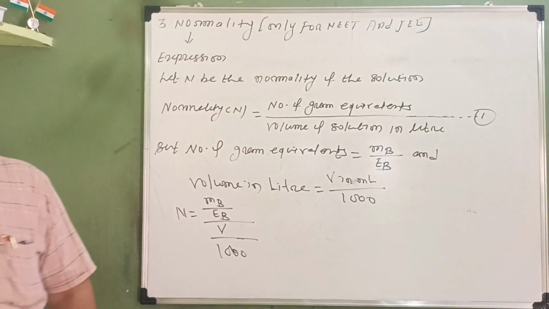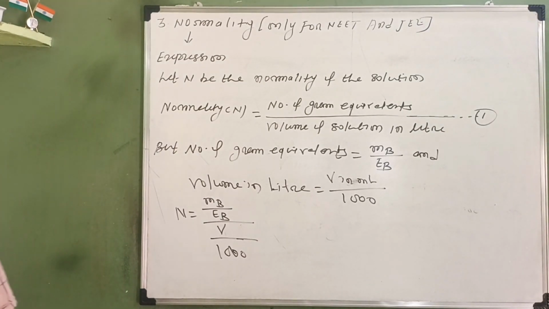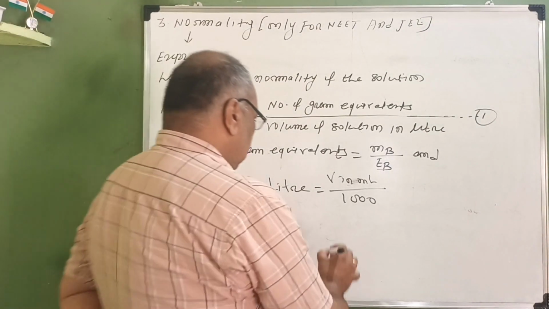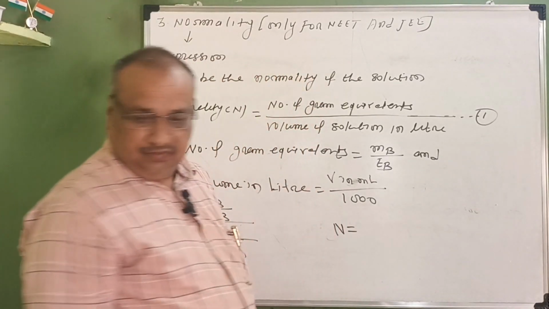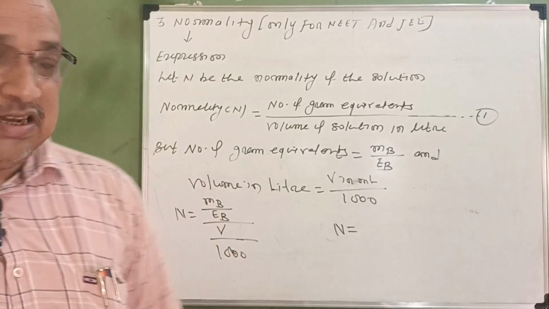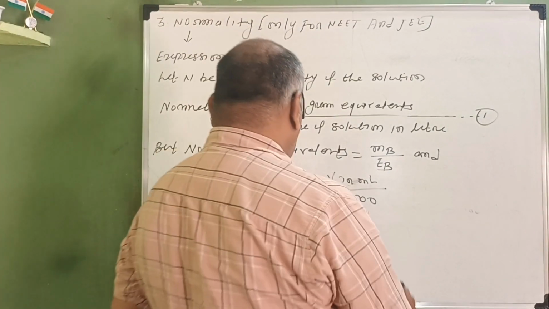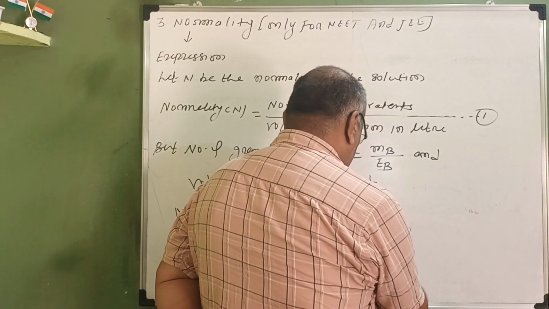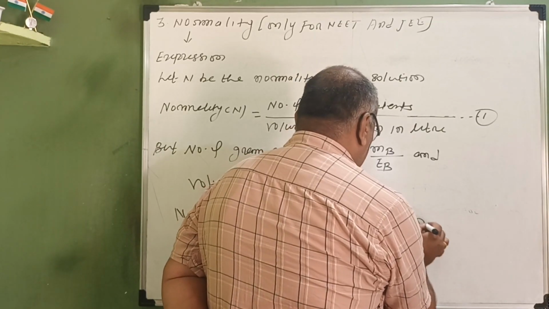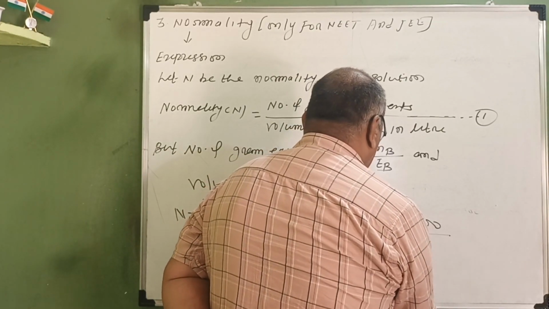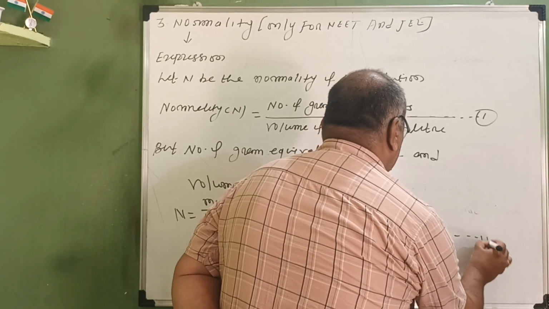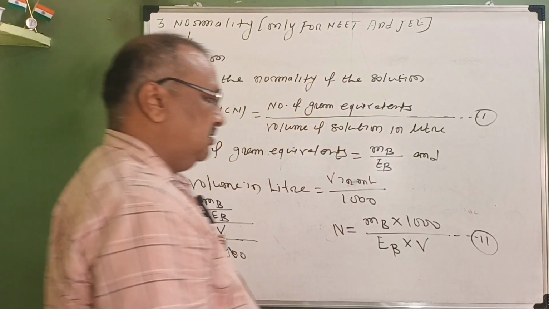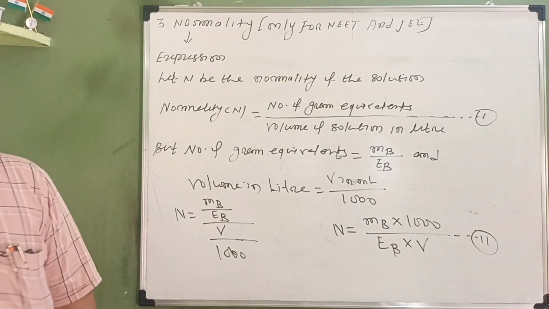That means here capital N equal to MB into 1000 upon EB into V, and this is your equation number 2.